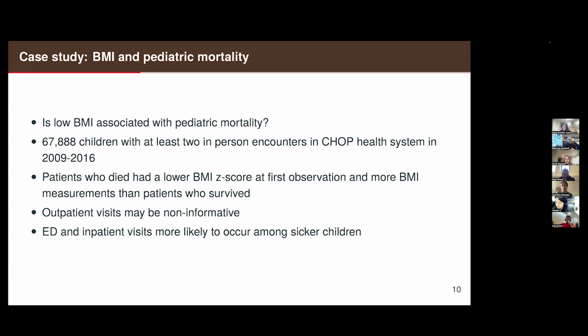And we reasoned that emergency department and inpatient visits are indicative of some sort of a health challenge for the child. So ED and inpatient visits pretty much have to be informative in some sense. Whereas outpatient visits, because kids have a pretty intensive schedule of well-child visits, outpatient visits could potentially be non-informative.